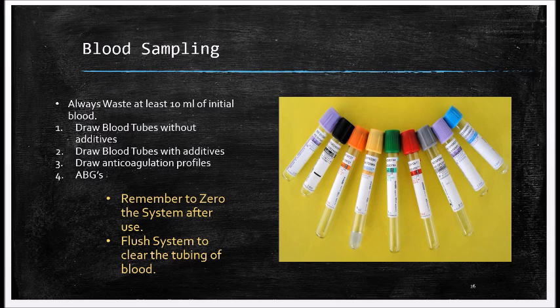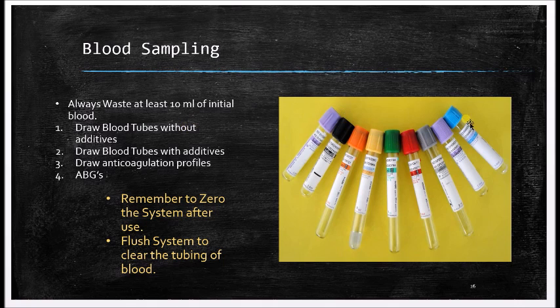Now, blood sampling. When you get blood from the arterial line, always make sure to waste at least 10 cc's of the initial blood, because that blood is hemodiluted and is not accurate for tests. Once you draw that up, your next step is to fill your tubes without any additive.